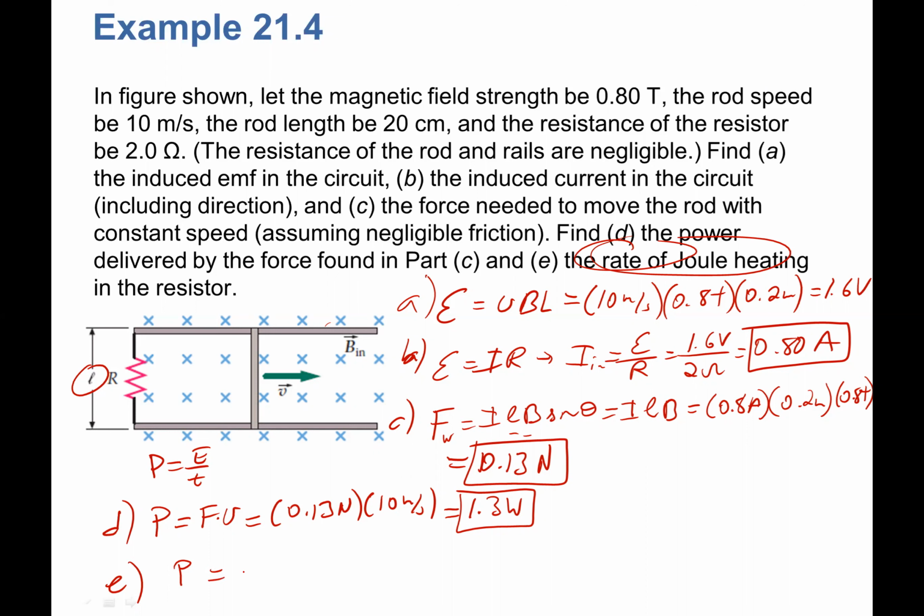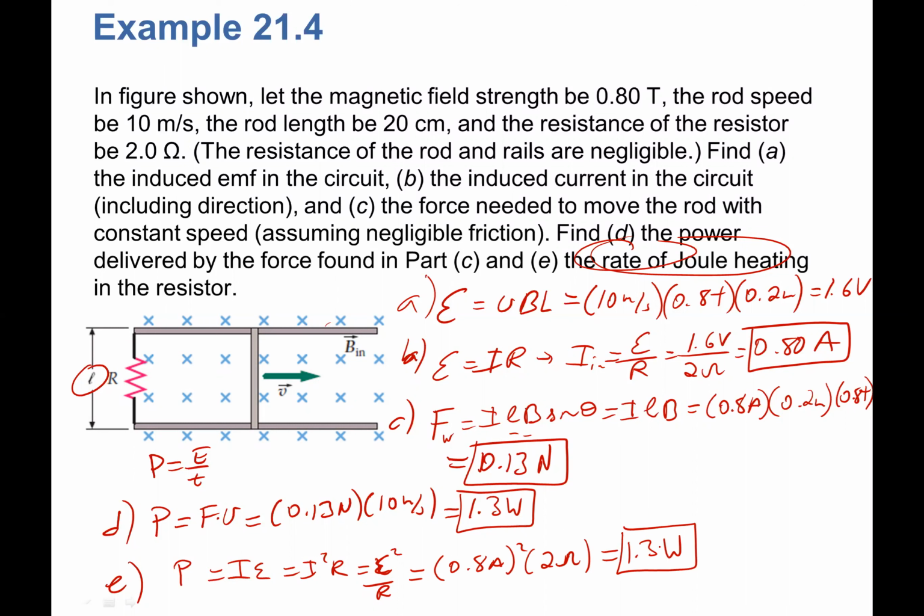Well, remember, we talked about that the power of the resistor is current times EMF, right? Or it could be current squared times the resistance. Or it could be EMF squared over the resistance. Any of those equations is going to give you the same thing. So for example, if I do current squared, which is 0.8 amps squared times 2 ohms, I'm going to get 1.3 watts.